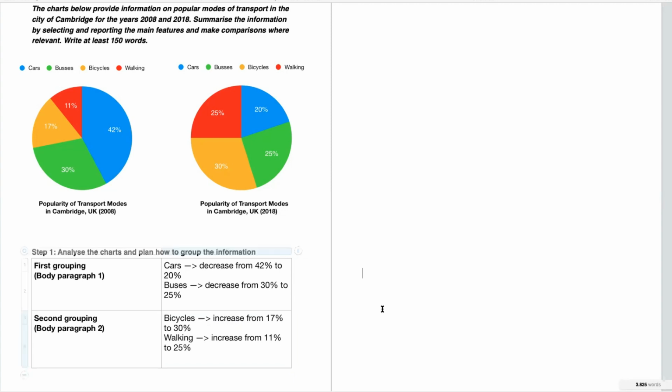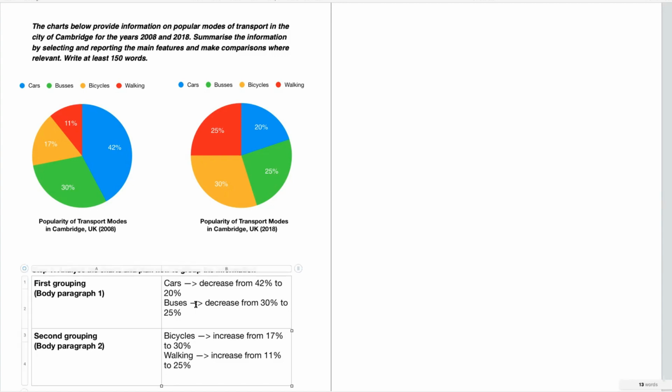And those are our two groupings. You see how one grouping is decreased and the second grouping has increased from 2008 to 2018. Now, I do also want to note whenever I write in my essay that the decrease from 30% to 25% for buses was slight, and especially when compared to cars, that decrease is quite large. So that is something I'm going to talk about.